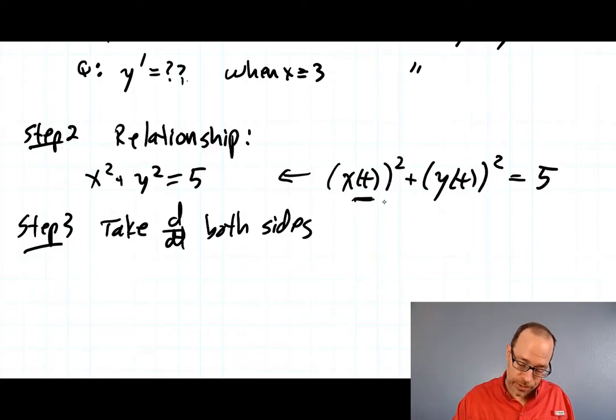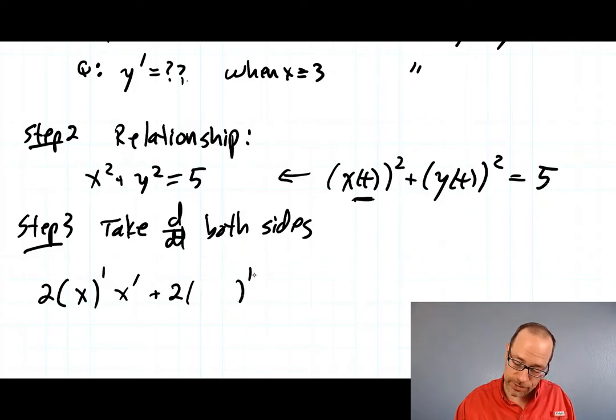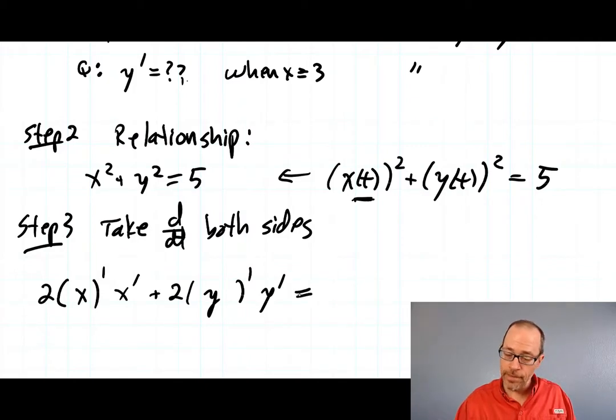All right, so we do the derivative of the outside function, plug in the inside, first power, and then take the derivative of the inside, so that's just x prime. For y, we do the same thing. Derivative of the outside is 2 to the first power, plug in the inside, and then multiply by the derivative of the inside, that's y prime. And the right-hand side, the derivative is 0.